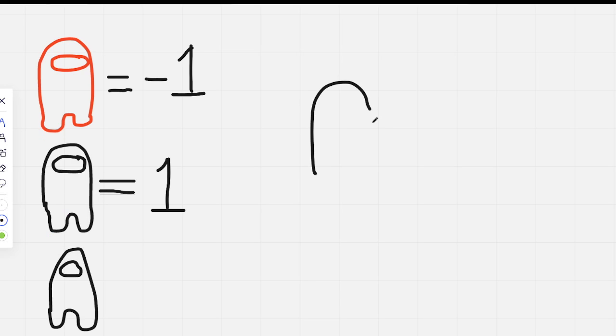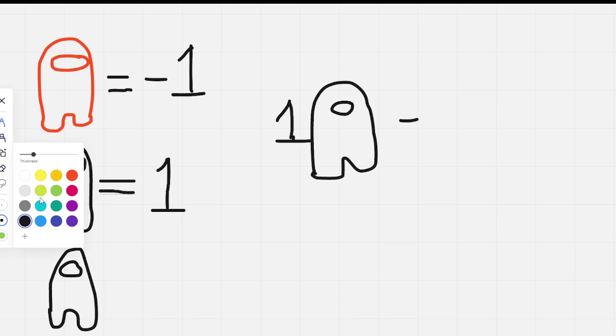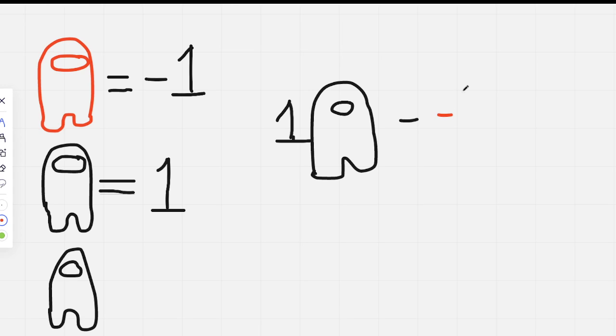Say there's a crewmate in the room and an imposter in the same room, but the imposter leaves the room, so we're subtracting the imposter from the equation, right? So negative 1, and then you subtract a negative imposter.